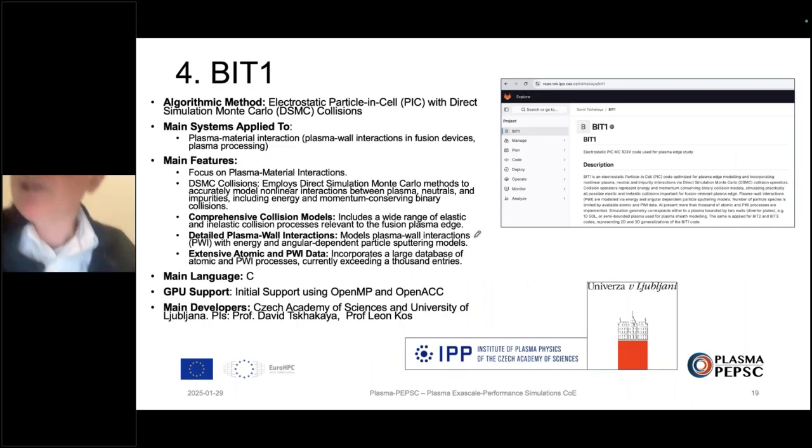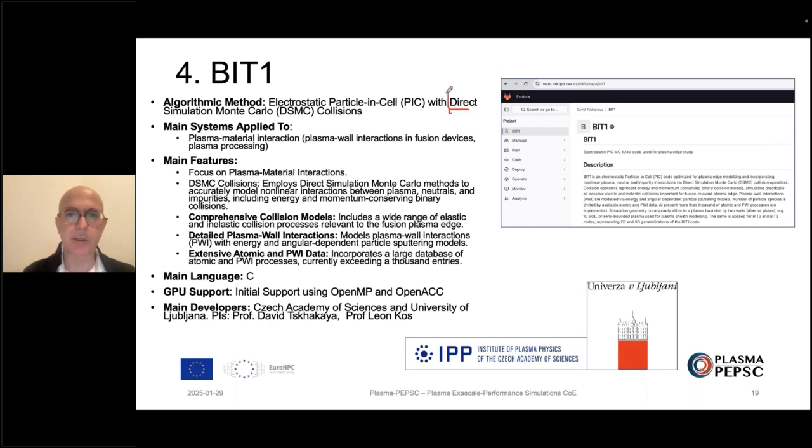I will now finish up with the last code. This is a fantastic and unique code. It is an electrostatic particle-in-cell (PIC) code, so we discretize, we sample the distribution function with particles, and we follow their trajectories. The beautiful part of this code is this part here.